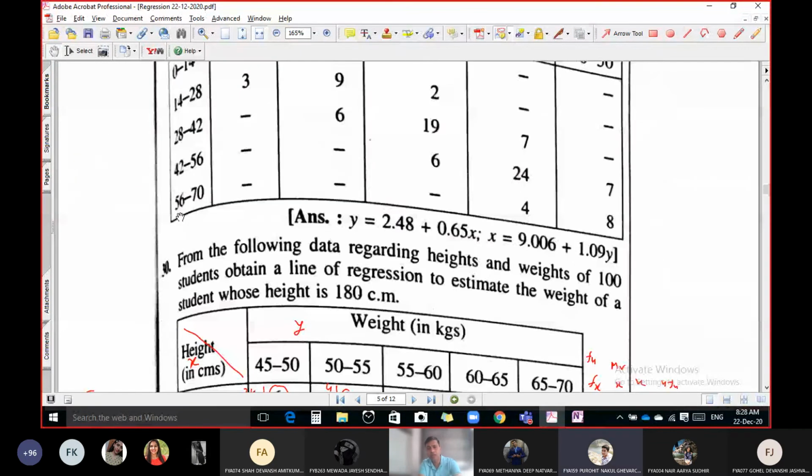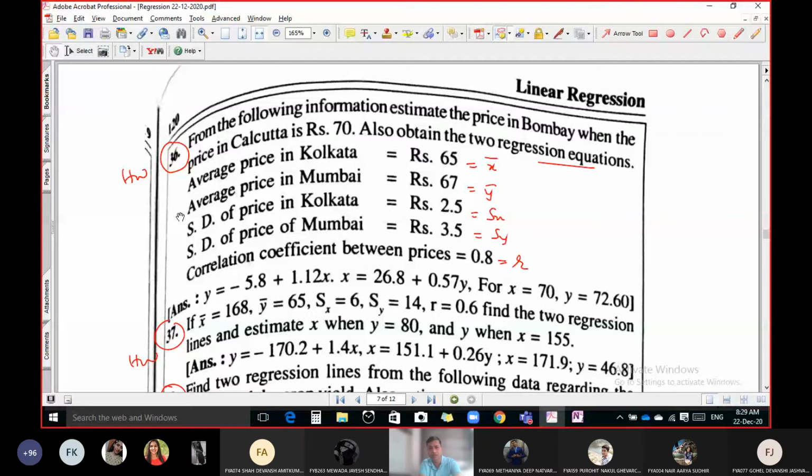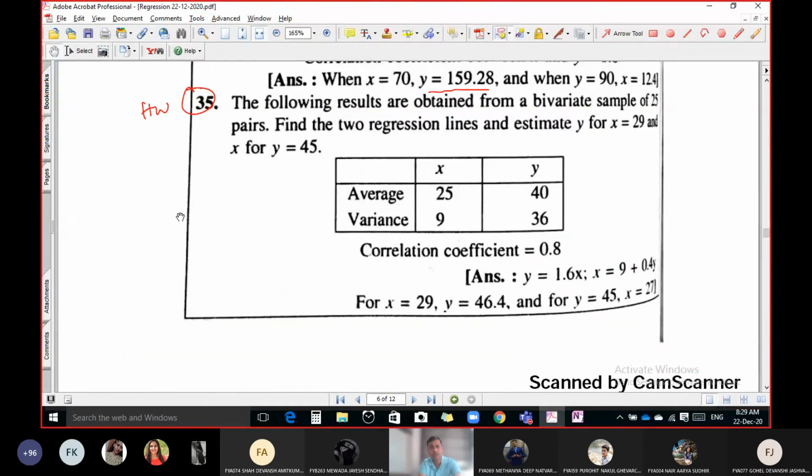Okay, so now let us do one simple example and then we will complete this chapter. You try all the remaining examples, because now nothing is new compared to your 12th standard. So let us see question number 35. The following results are obtained for a bivariate sample of 25 pairs.